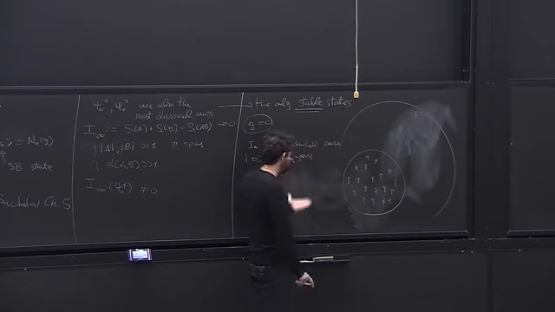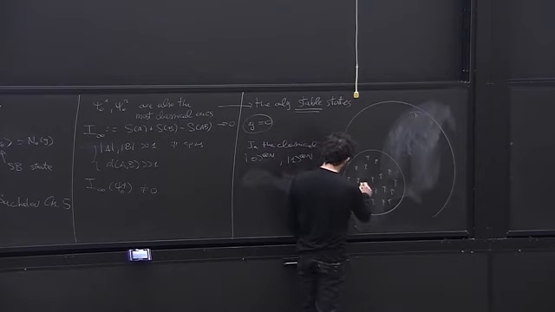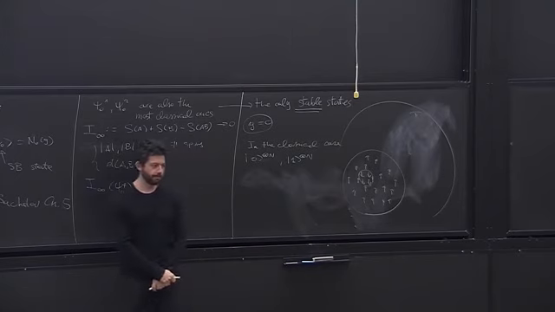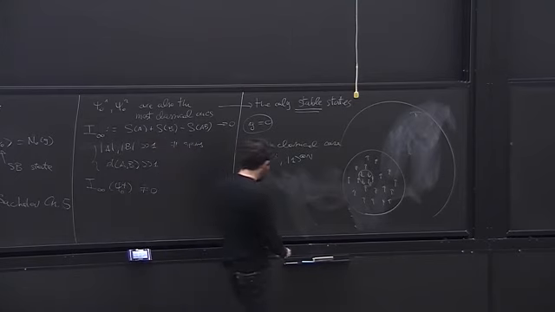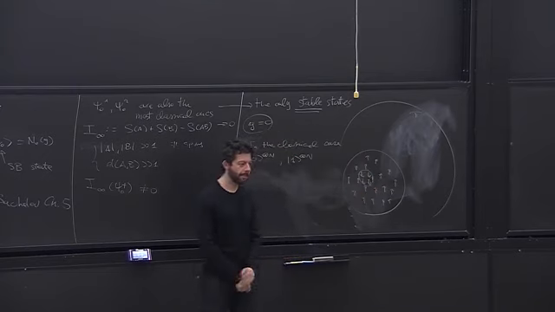Okay, so how do we go about that? What we say is this. Virtually, imagine that our environment flips some spins. Okay? So we have a little domain of spins that are flipped. And we want to see, if we do this, how our free energy changes.